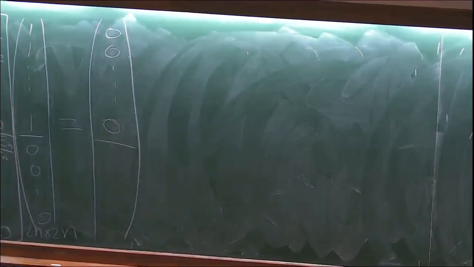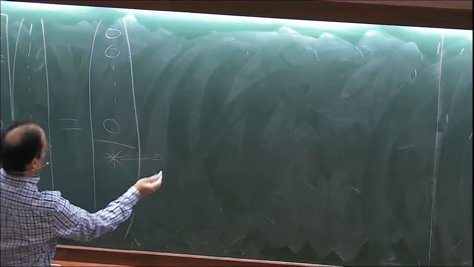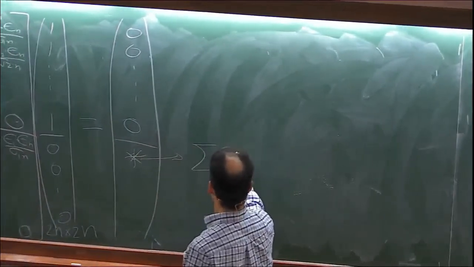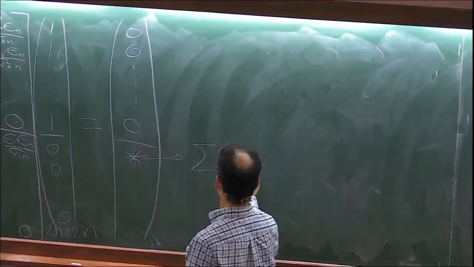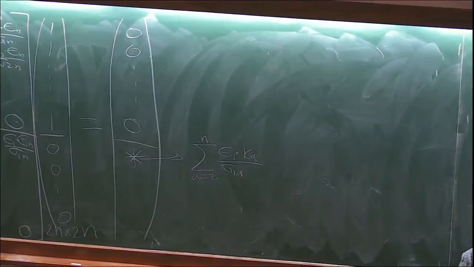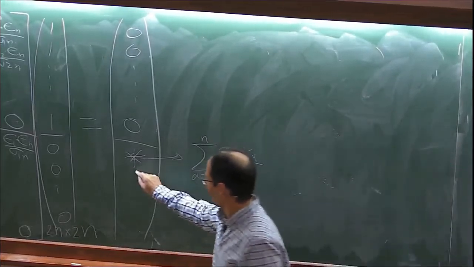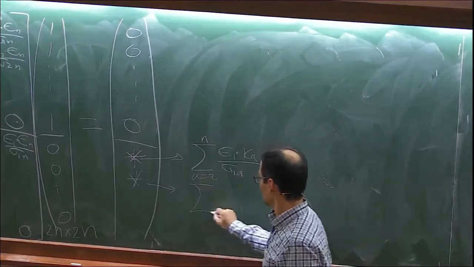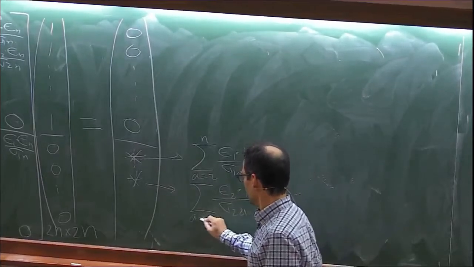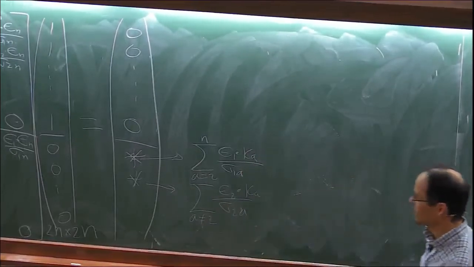Just when you think that you're done, you get to hit this part, and you hit it with this thing, and you get something here, which is just a mess. So it's the sum of epsilon1.ka over sigma 1a for a from 2 to n. It says, if I could only make this 0, everything would work, right? And here, you get the same thing, but now with epsilon2.ka over sigma 2a, a different from 2, and so on.